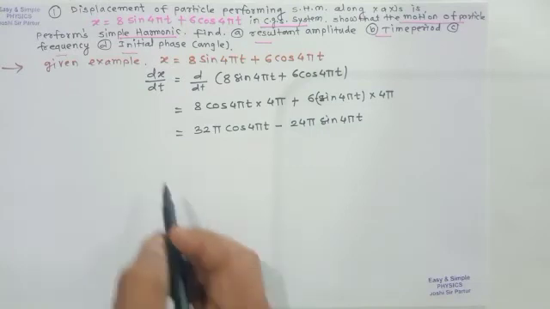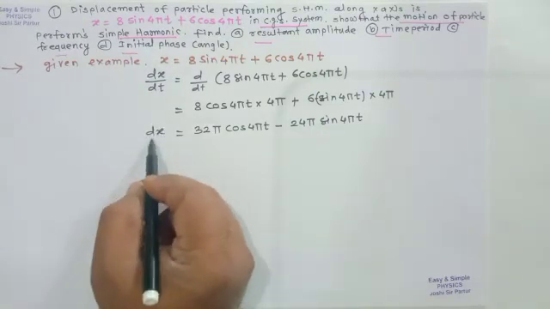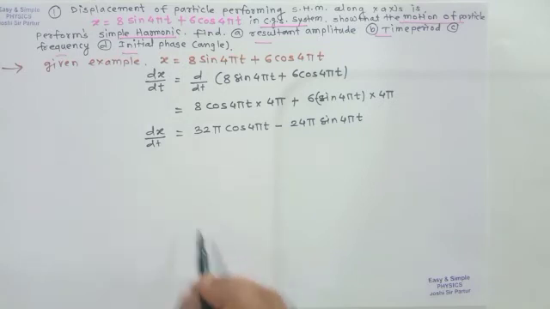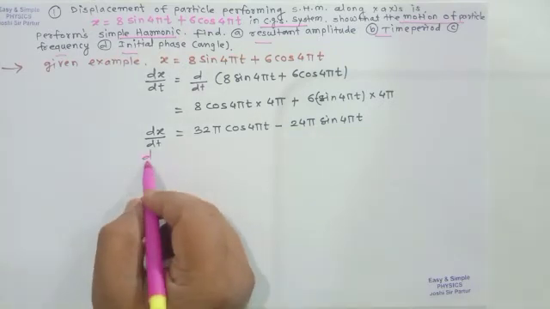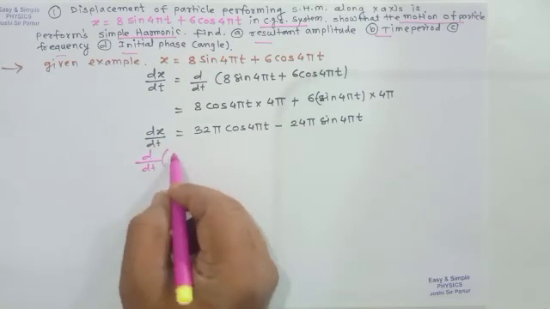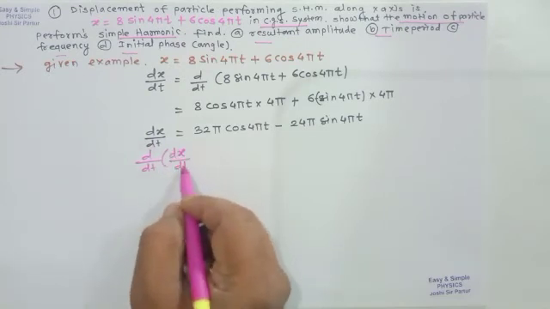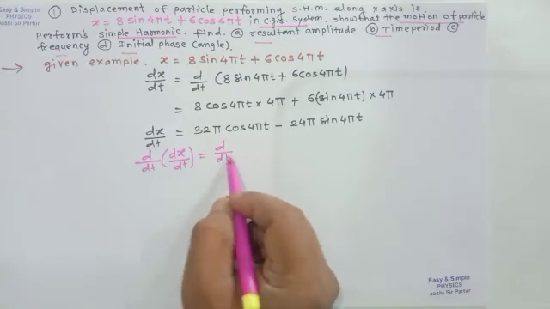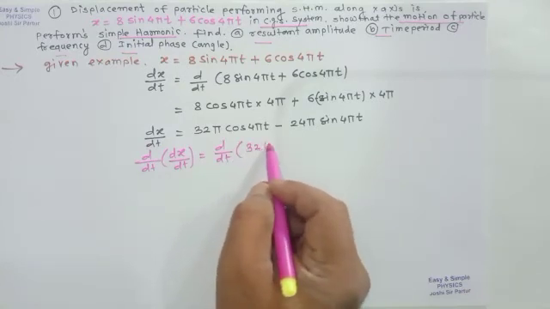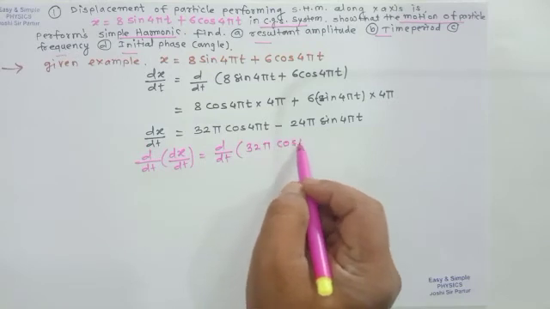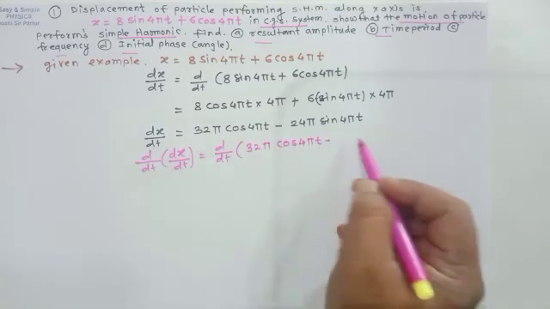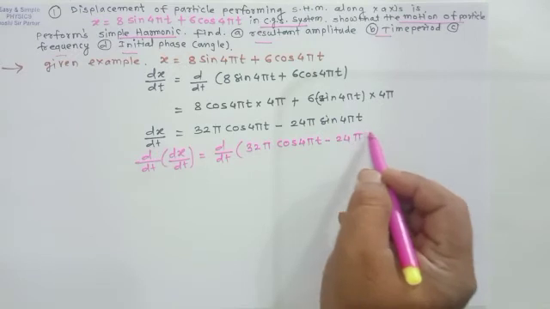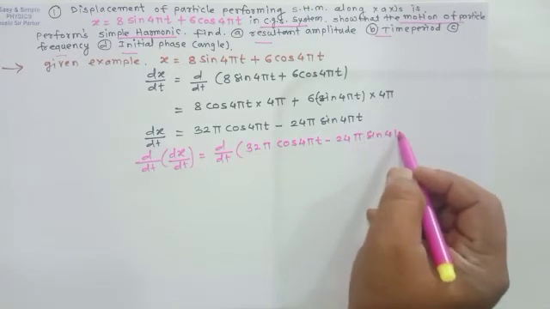Again, if we differentiate the equation with respect to time, d2x upon dt square will be the derivative with respect to time of 32 pi cos of 4 pi t minus 24 pi sine of 4 pi t.